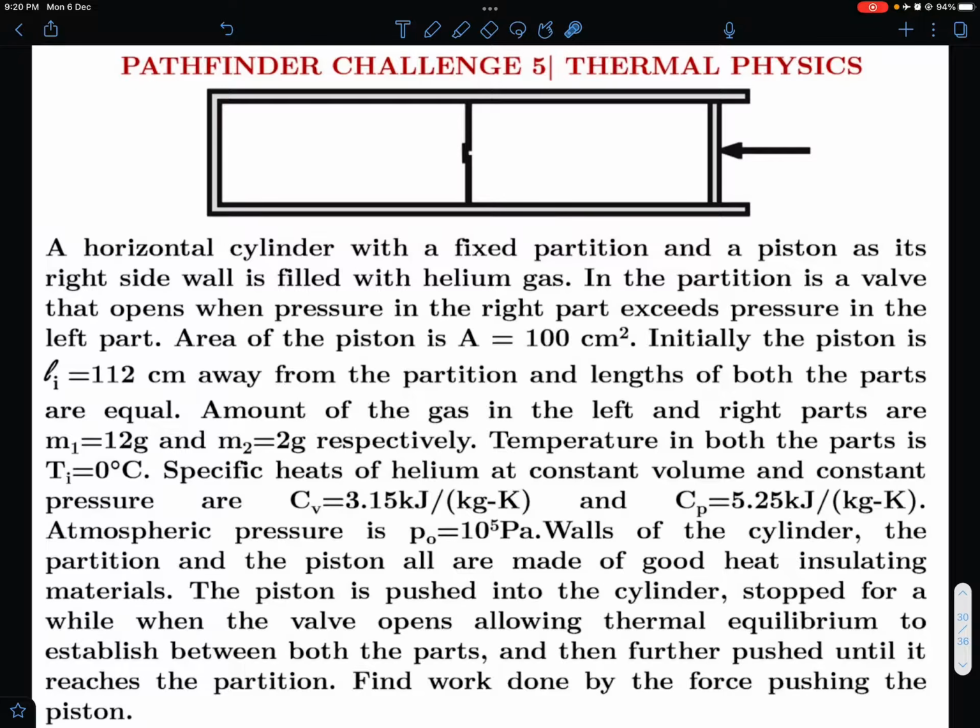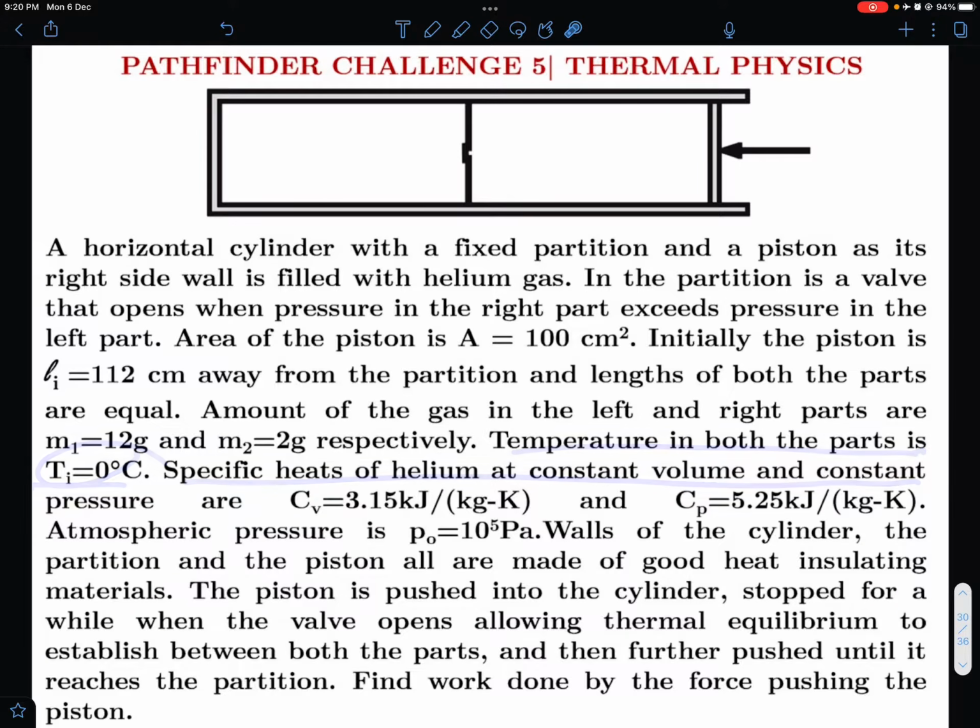Temperature in both the parts is Ti equal to 0 degrees Celsius, so the initial temperature in both of them is Ti. If you want, you can solve it in symbols, because that's what I've done in my solution. It's okay if you do not want to substitute the values, just see what symbols are given and express your answer in those terms.